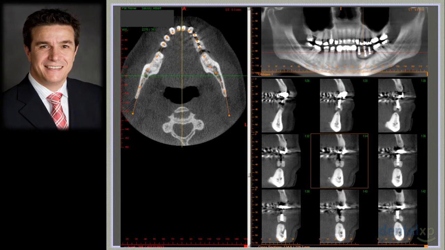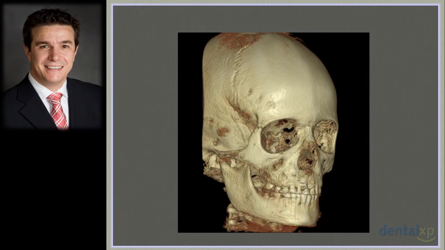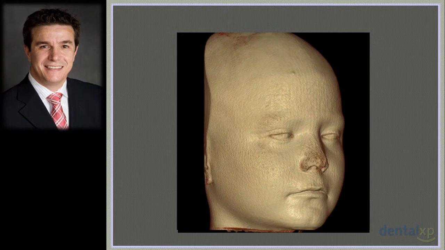And in these images we can actually estimate the alveolar bone height and width if we are planning on placing implants. Or we can ask the computer of the scanner to show us the entire volume and have beautiful 3D images like this, or like this, if we want to see the soft tissue of the patient's head.